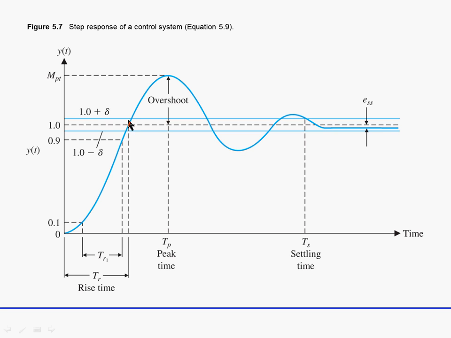The distance between the response and the input at the top is called the overshoot. The time at this point is called peak time.